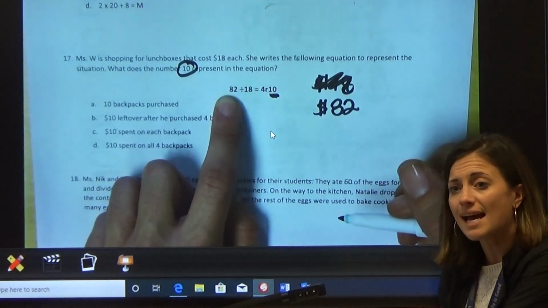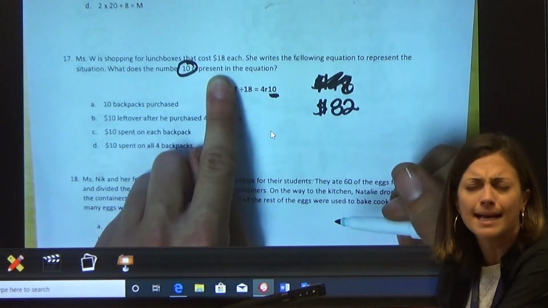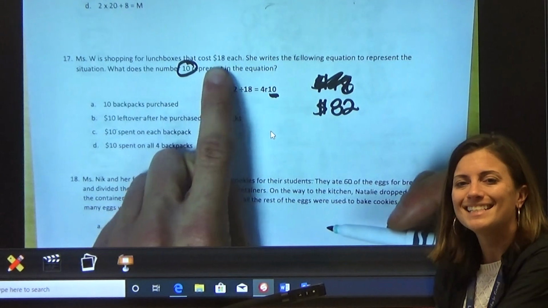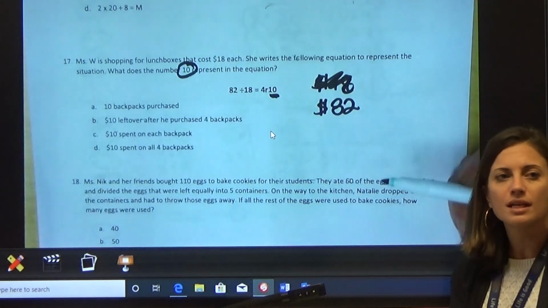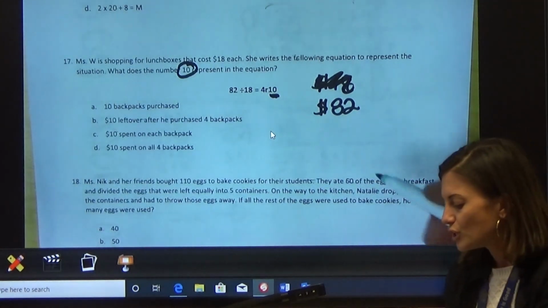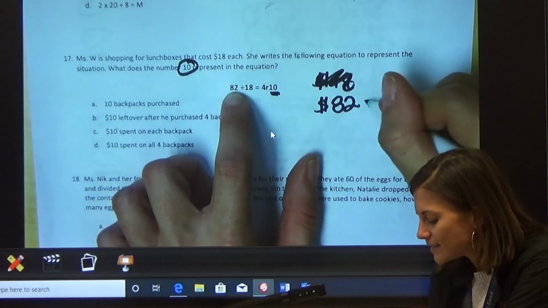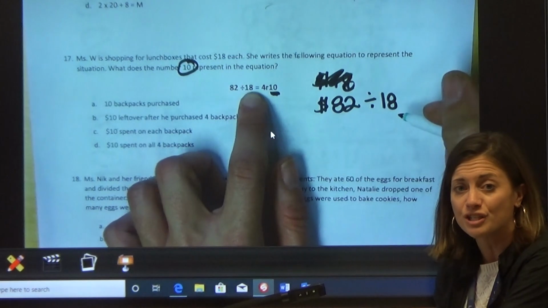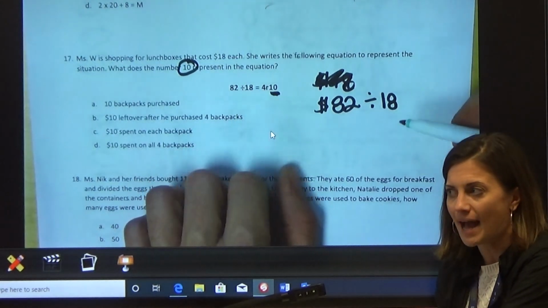Then she decides she wants to buy backpacks or lunch boxes, they're the same thing, let's imagine, for $18 each. But we don't know how many she's going to buy yet. So she's going to take her $82 and divide it by the cost of each backpack, $18, to figure out how many backpacks she can buy.